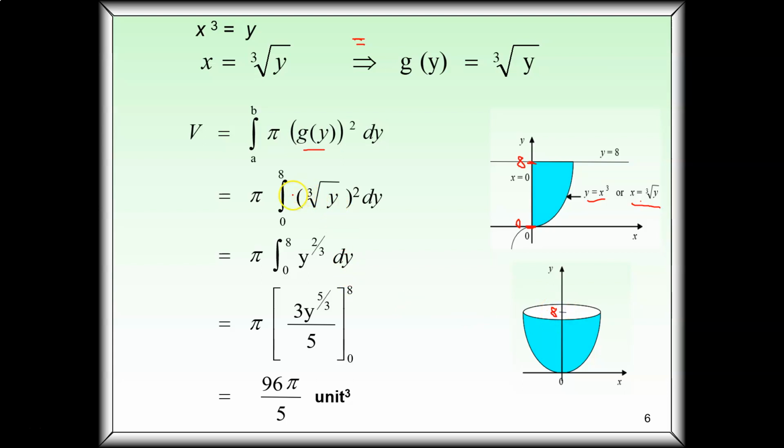This is 8. So you have the cube root of y. You square it, then only you can integrate. You expand this one first. So the cube root means you have y to the power of 1 over 3. This is actually equal to the cube root of y. It is the same.